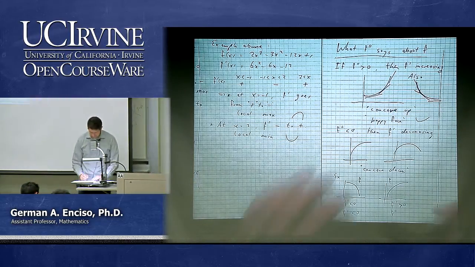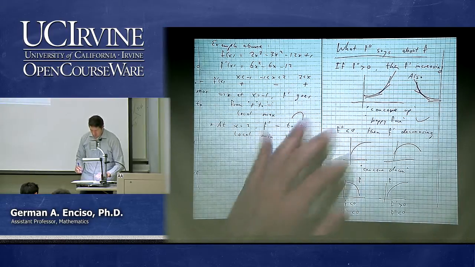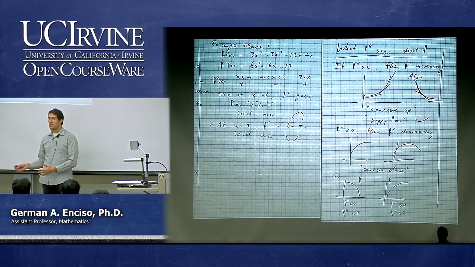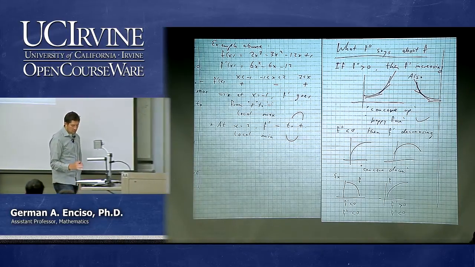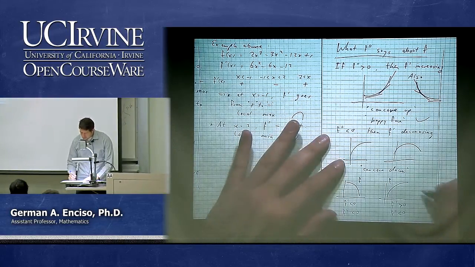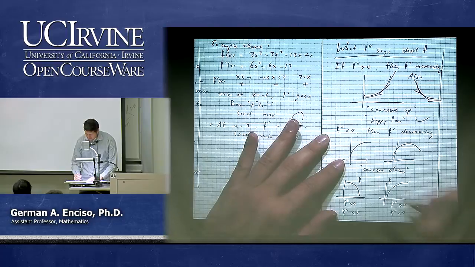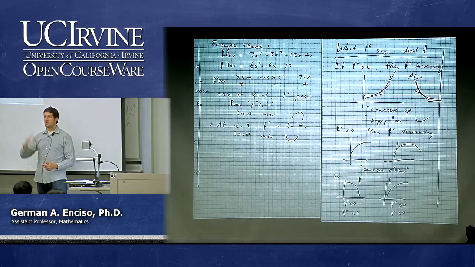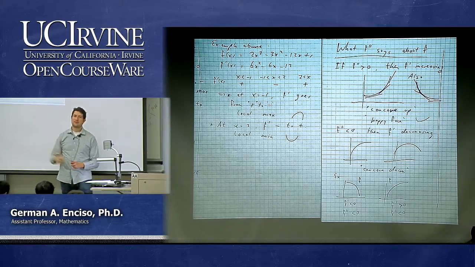So it's negative. So you see the two things are not completely related. You can have one positive, the other one negative. That's fine. So by finding out the sign of each of these things, you can tell first whether it's increasing or decreasing, and second whether it's concave up, happy face, or sad face.